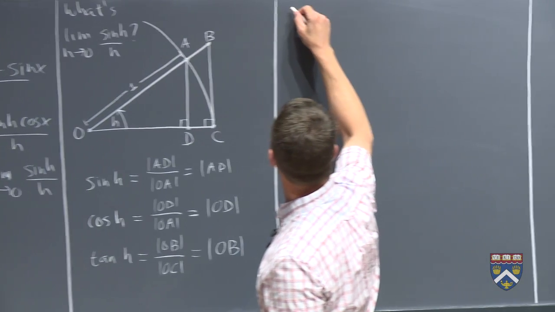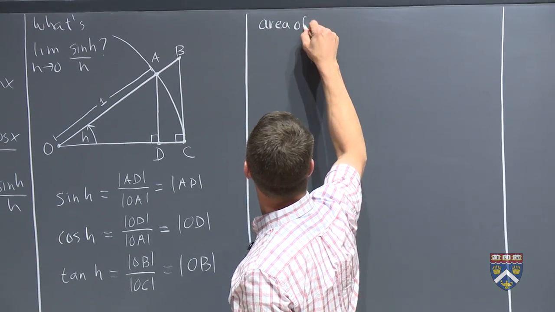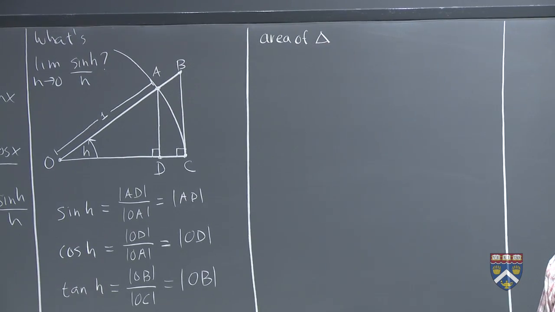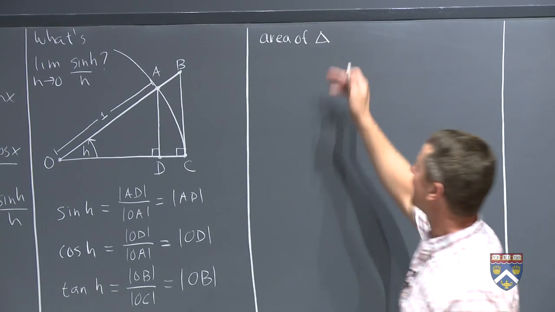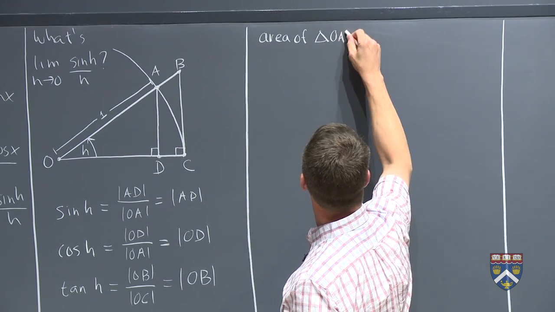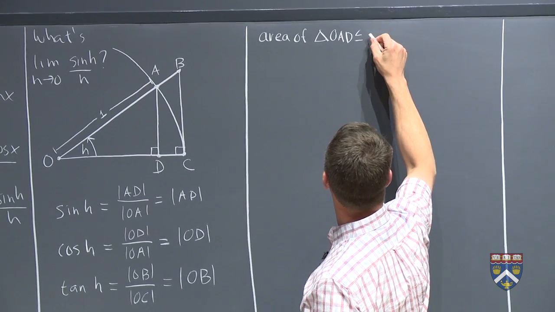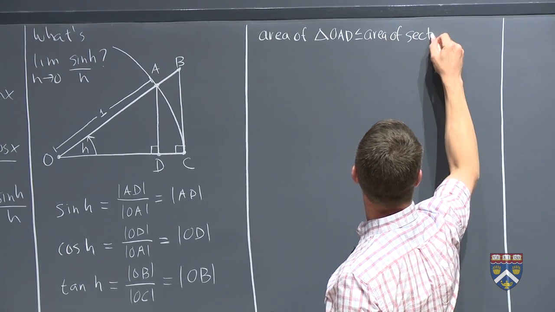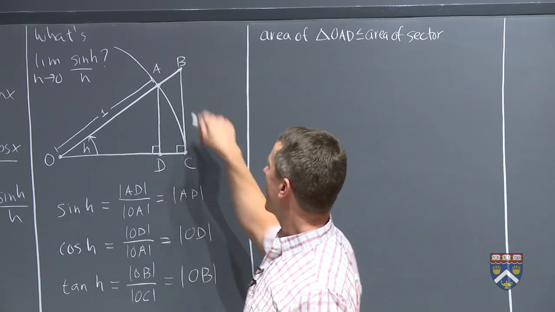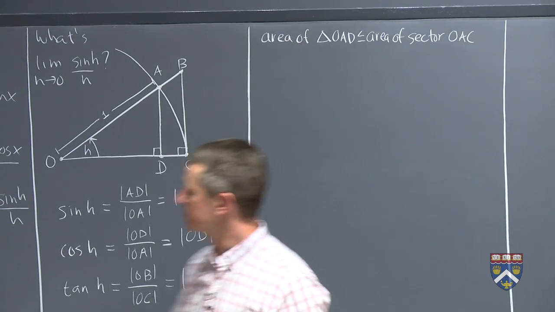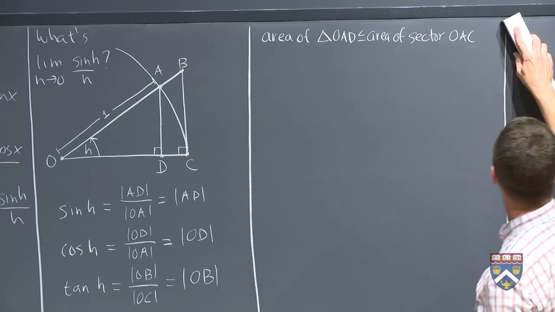So I can write the area of triangle, and this symbol for once in our calculus lives actually means triangle. It doesn't mean delta. The area of the smaller triangle, OAD, is less than or equal to the area of the sector of the circle, OAC.